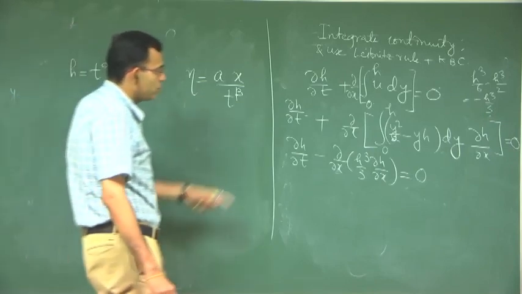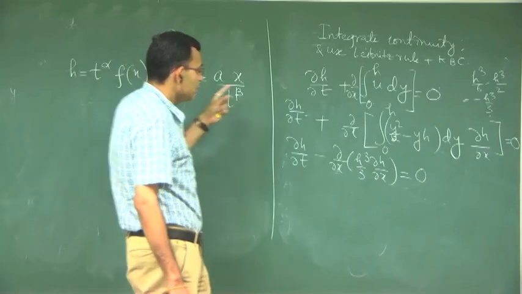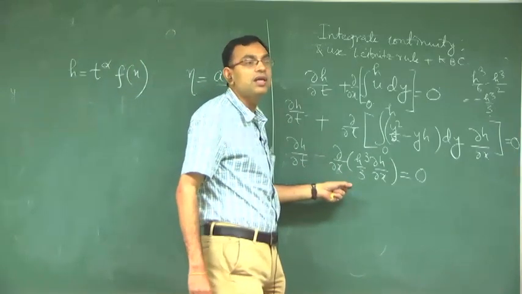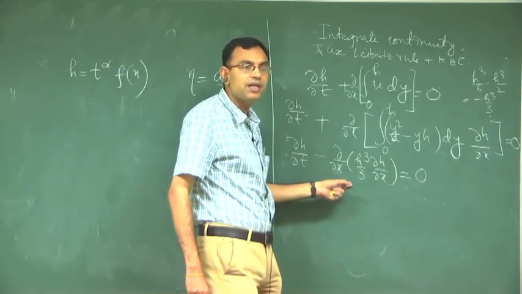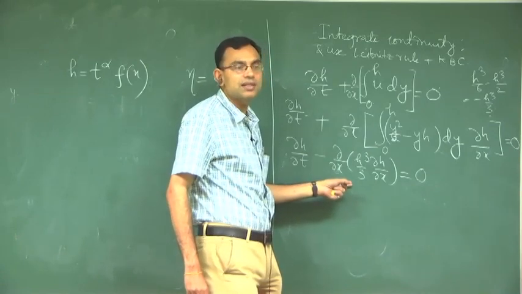So, now we will do the algebra here. Question is that this has to transform to an ODE, ordinary differential equation. If it does not, that means similarity solution does not exist.